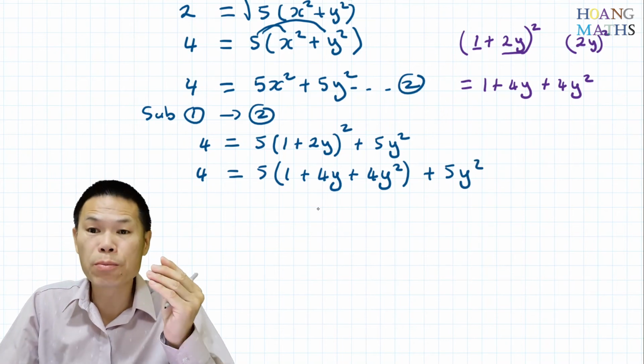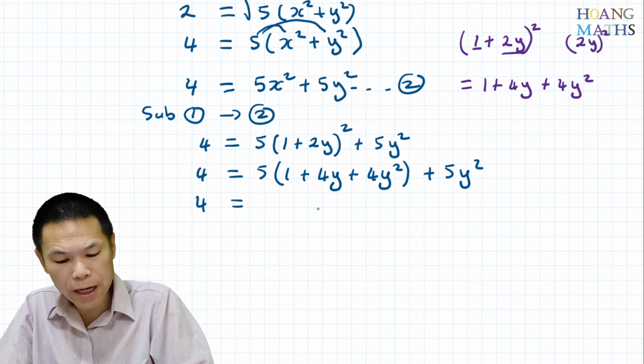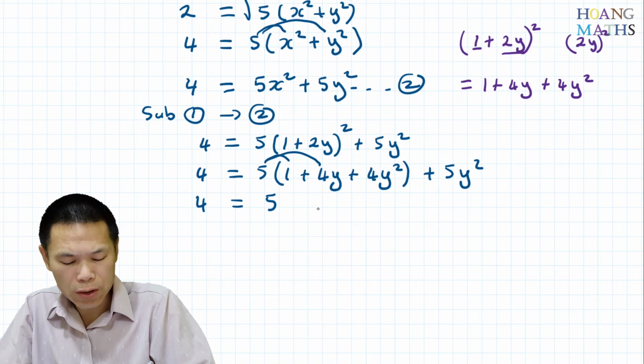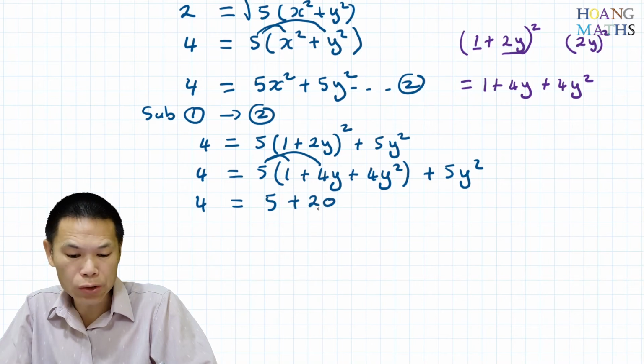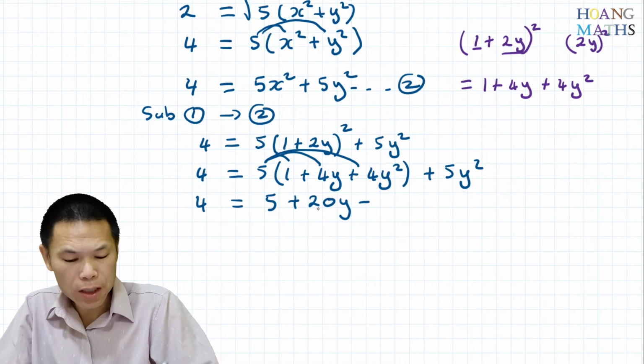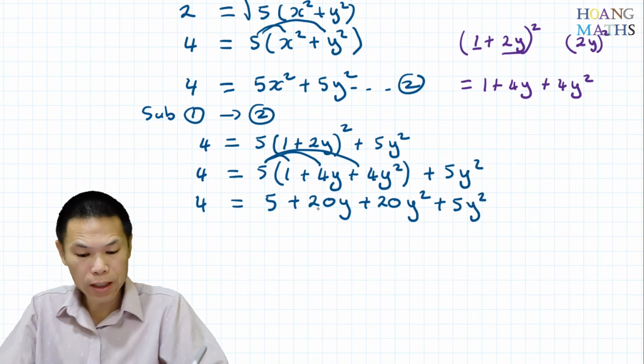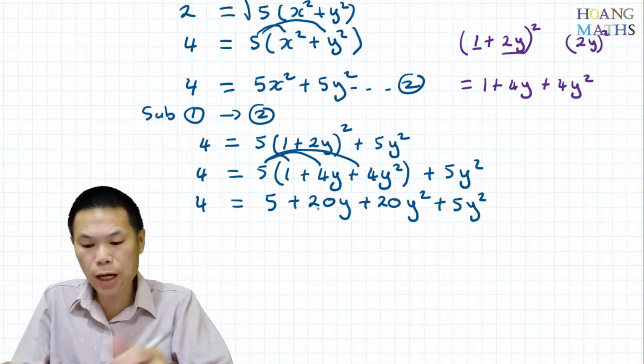Then I just remove the brackets, so 4 is equal to 5 times 1 will give me 5, 5 times 4 will give me 20, so 20y, and 5 times 4 it give me 20, so 20y square, and we add 5y square. So now we just collect the like terms.